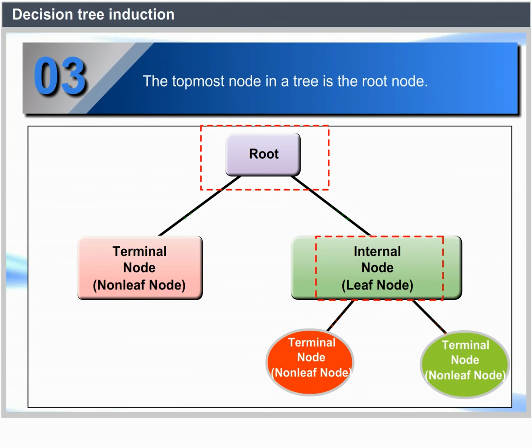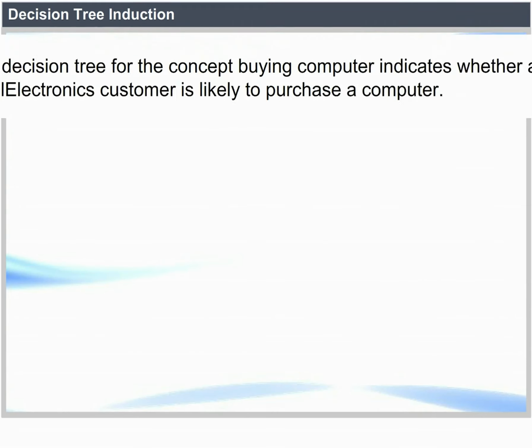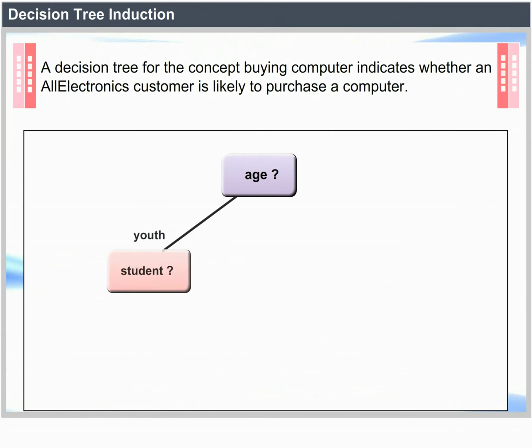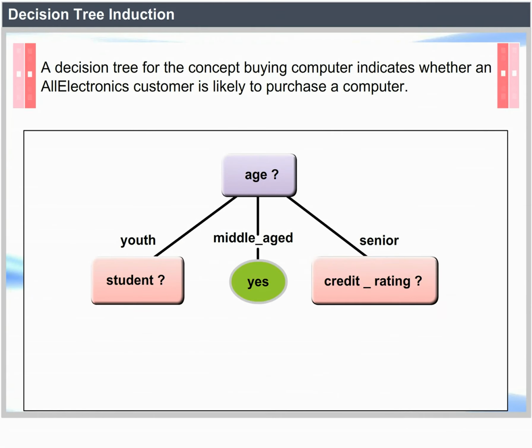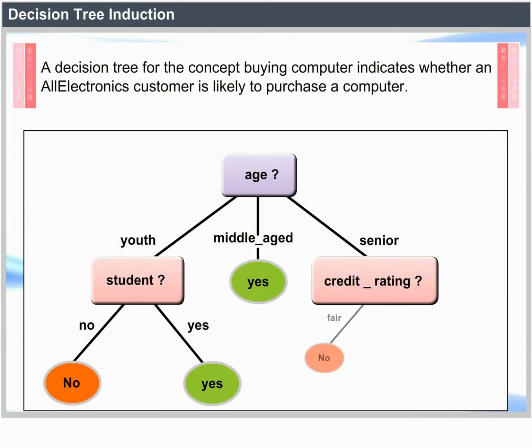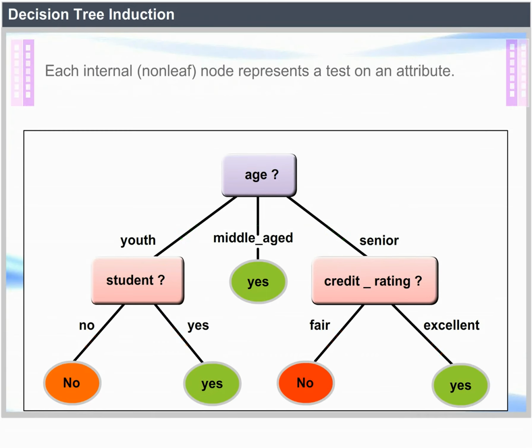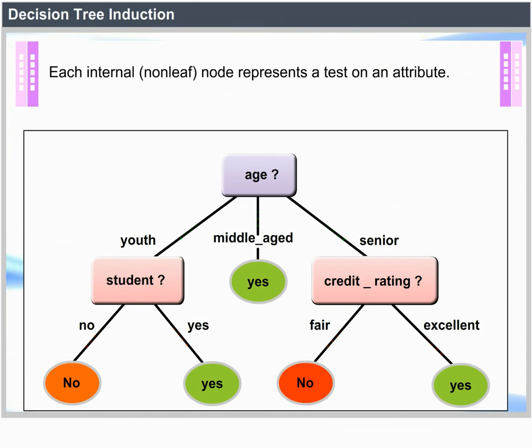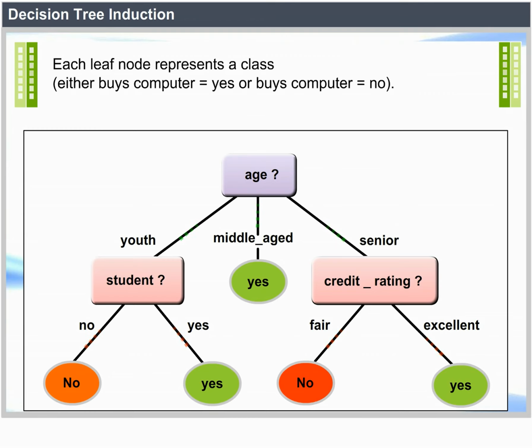The topmost node in a tree is the root node. Here is a decision tree for the concept buys_computer, indicating whether an AllElectronics customer is likely to purchase a computer. Each internal non-leaf node represents a test on an attribute. Each leaf node represents a class, either buys_computer equals yes, or buys_computer equals no.